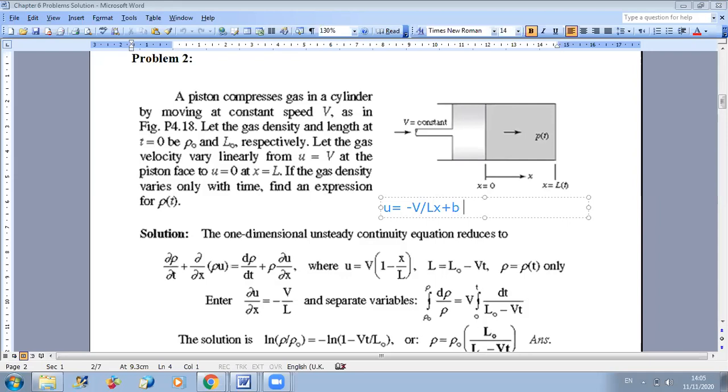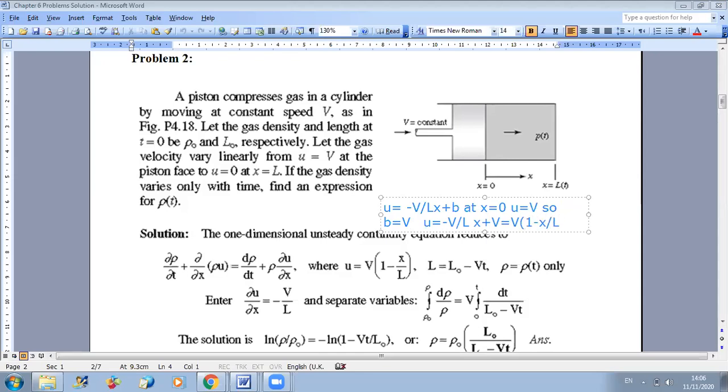It's big V. Okay, we have at x equals 0, u equal to big V. So if you replace, you get b equal to big V. Okay, so I can say that my function u is equal to minus v over L times x plus big V. Okay, and if you take big V into factor, you get V times (1 minus x over L).